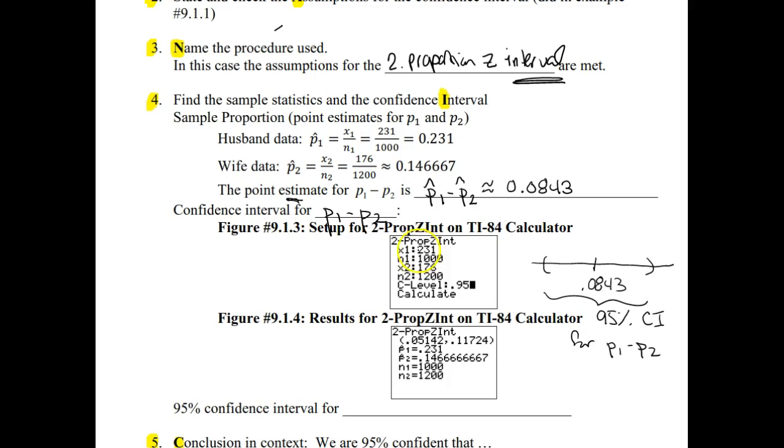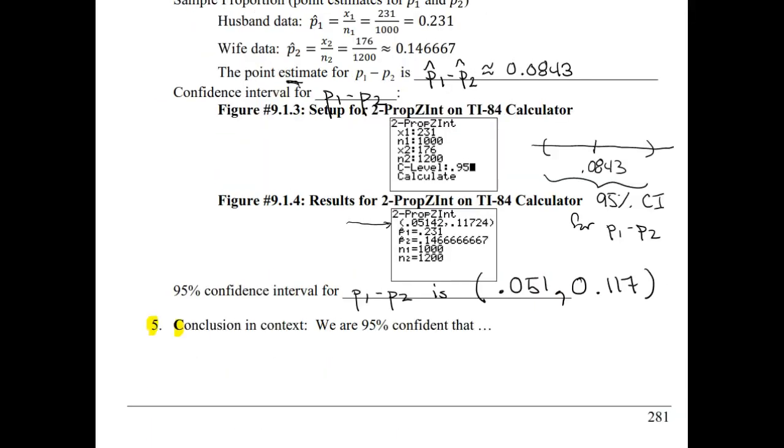If we go into 2 prop Z interval now instead of Z test and type in our x1, n1, x2, n2, and next to confidence level put in 0.95 and hit calculate, on the output screen that very first line is our interval. A 95% confidence interval for P1 minus P2 runs from about 0.051 to 0.117 if we round off to 3 decimal places.